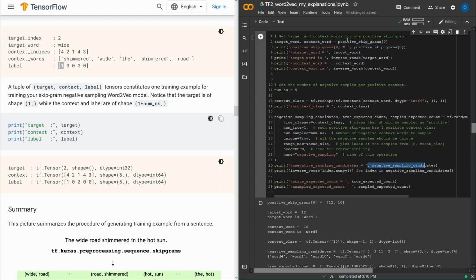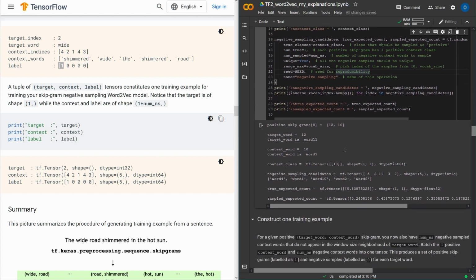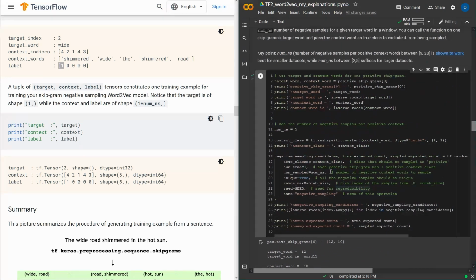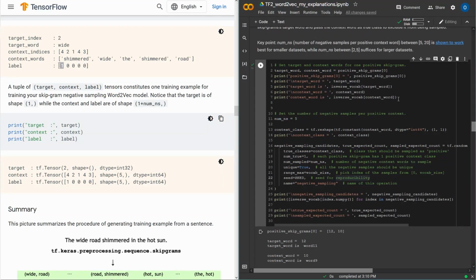Because if it's positive and negative at the same time, how should the Word2vec model learn what is the right one? So again, we see here 5 works, 2 works, 3 works, 7 works, but 11 is clearly in the interval between 10 and 12. So this should, in my opinion, not be a negative sampling candidate because it is a true positive skipgram.